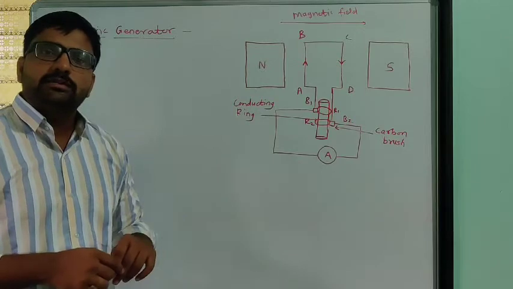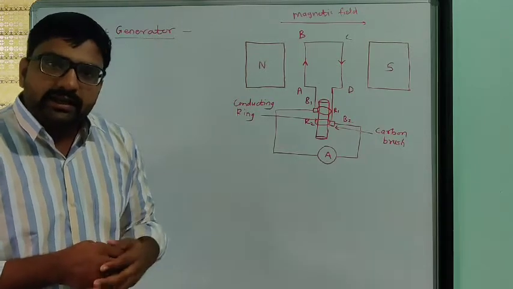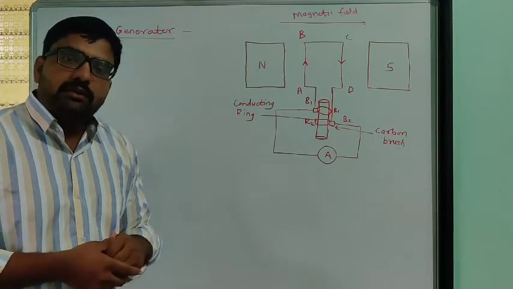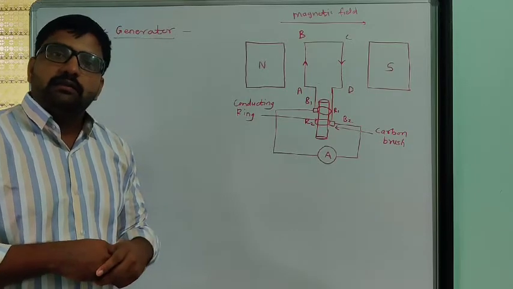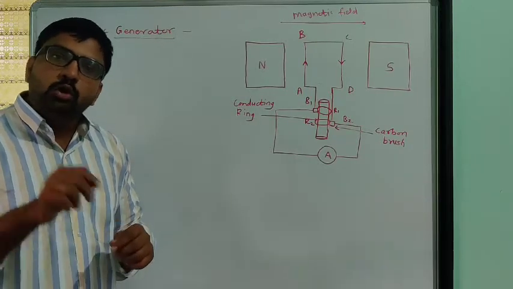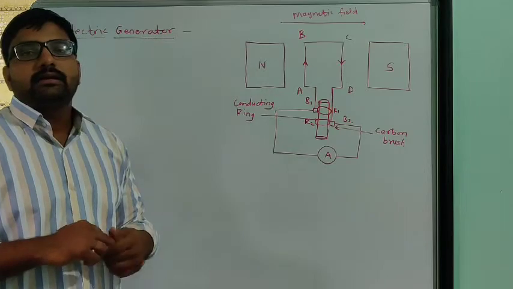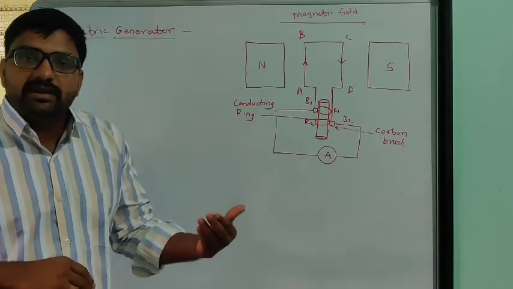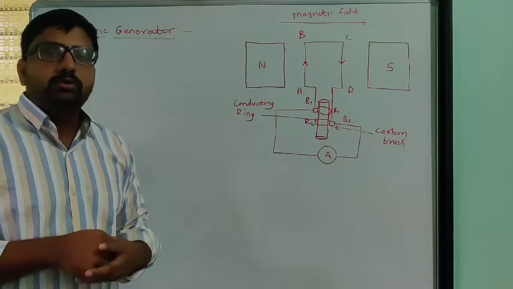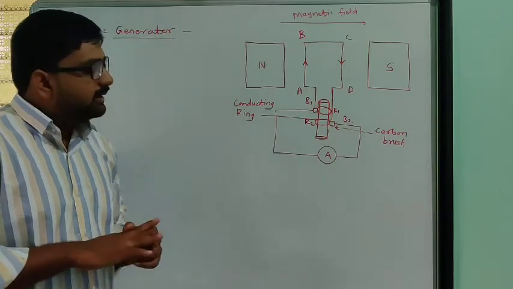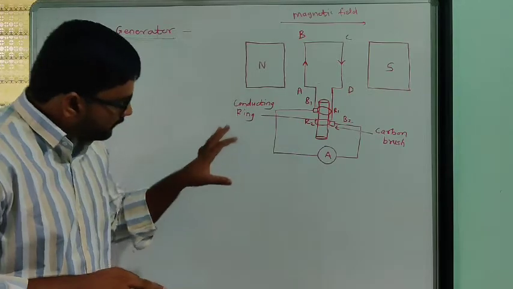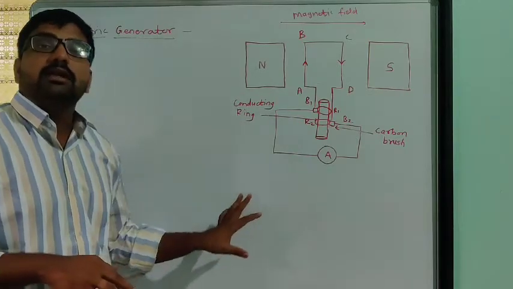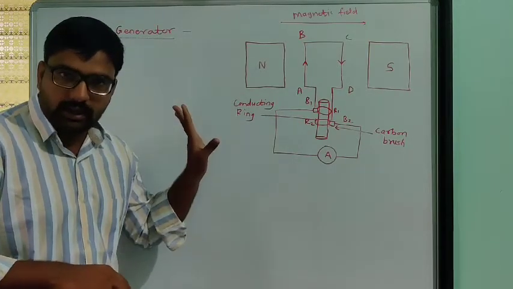So, if you want to generate electricity by electromagnetic induction, we have to move an electric conductor in a varying, that is changing, magnetic field. Then electricity is automatically induced in that conductor.